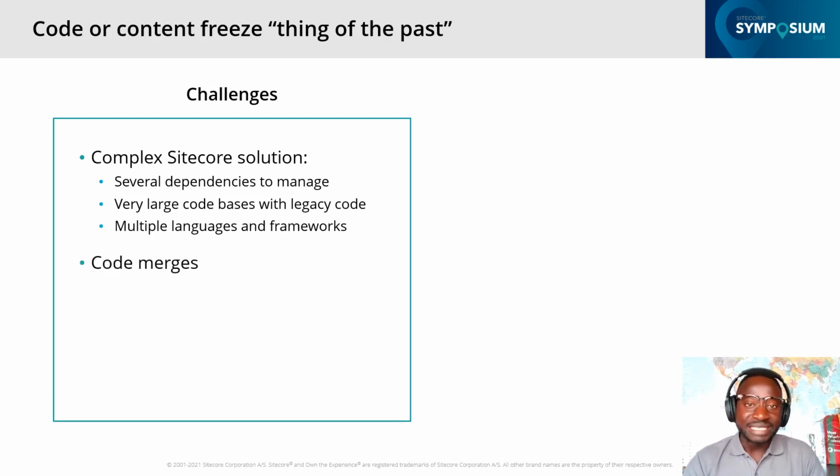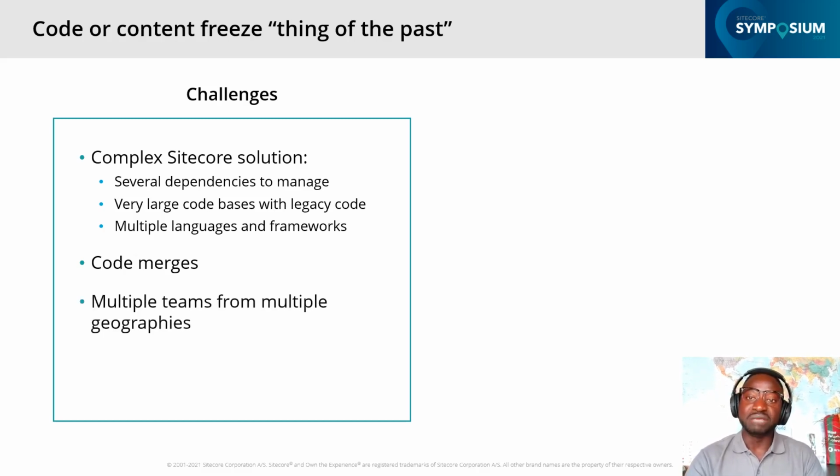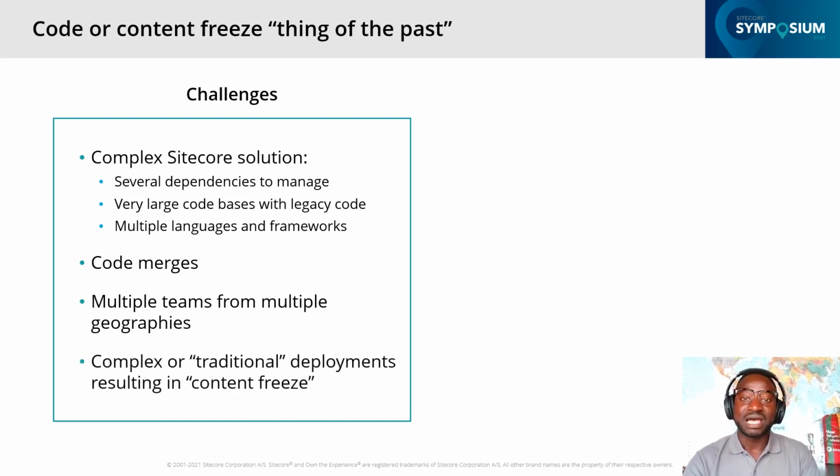Another pain point is dealing with complex code merge issues, which consumes precious time during your release cycles. Another one is having to manage multiple teams, potentially working in multiple geographies, which can be a headache when you're preparing for your releases. Are your deployments not modernized yet? Do you have manual processes, always having to resort to a Sitecore content freeze?